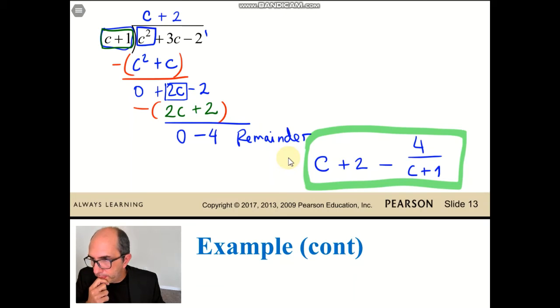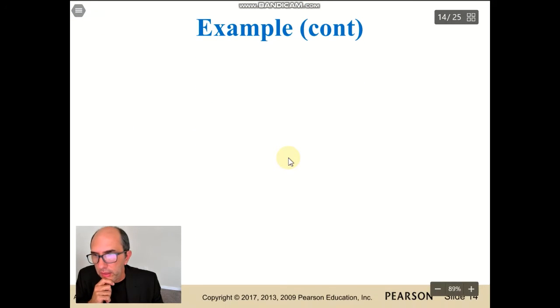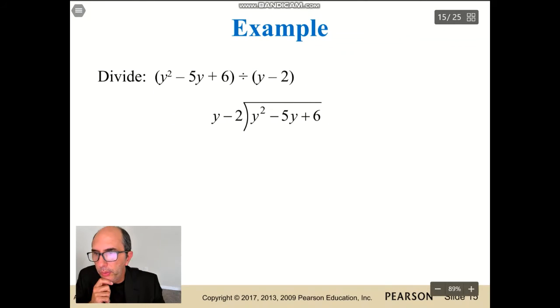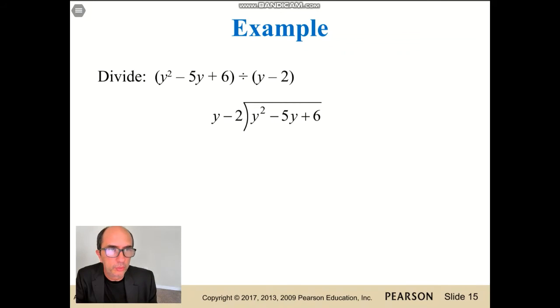Okay, now that we've seen this example, I think we can work out another example just to be sure that we understood how to do this long division operation. Now the division is expressed with this division sign here, y squared minus 5y plus 6 divided by y minus 2.